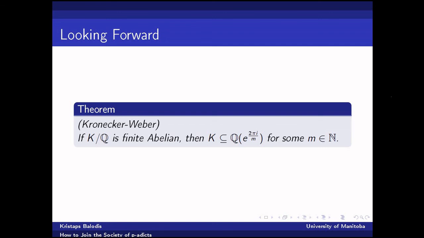And in particular, the belief is that the information about what kinds of extensions are possible should already be contained within Q. And one way of going about proving this is through the p-adic numbers.